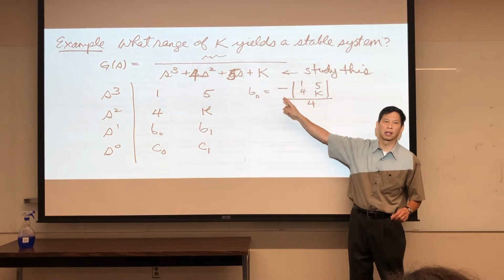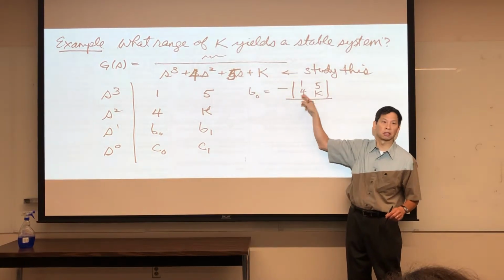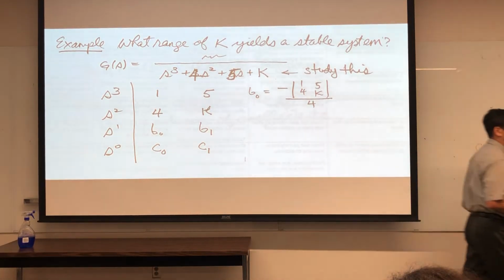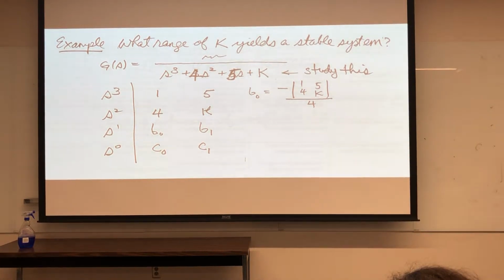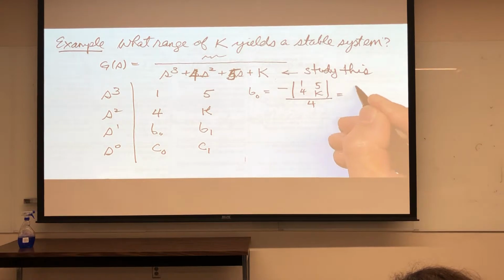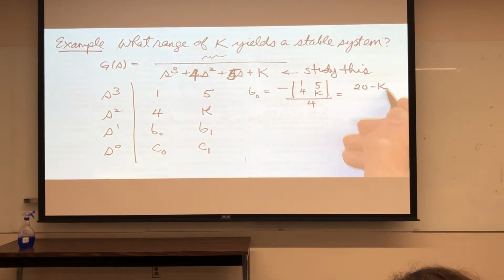But then you got a minus sign. So the other way to do it is, if I don't want to do the minus sign, I got to do the determinant kind of backwards. And so the answer is 20 minus K over 4. Okay. Any questions on doing the 2 by 2 determinant?